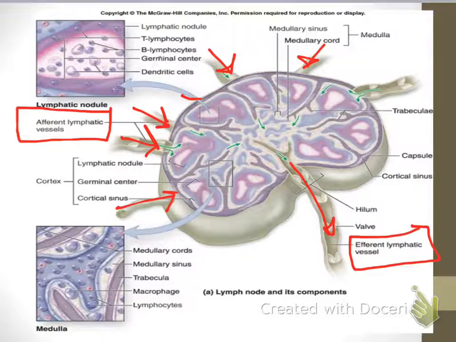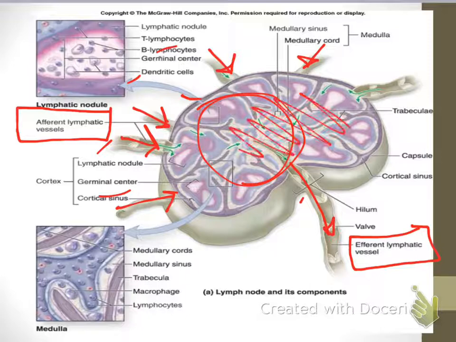And that efferent lymphatic vessel is just the one route, the one way out from all of this lymph that's coming into this lymph node. And what does this do? Multiple places coming in, one road going out, ensures that the lymph spends quite a long period of time inside of the lymph node, being cleaned by all of our different types of cells.